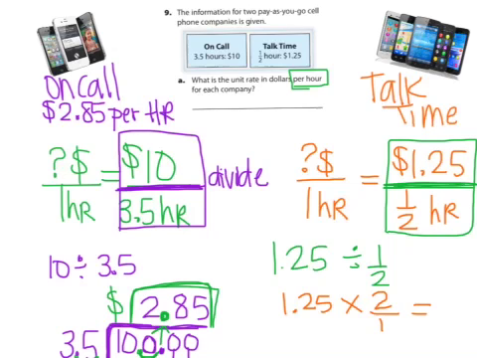I also need to make $1.25 a fraction, so I'm going to put a 1 under it. If you have $1.25 times 2, that means you have $2.50. And 1 times 1 is just 1. So for talk time, their rate is $2.50 per hour.